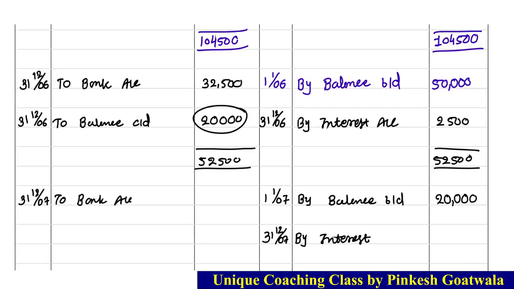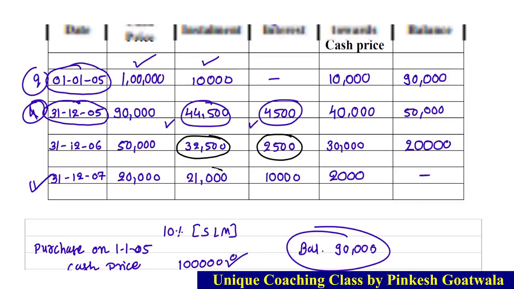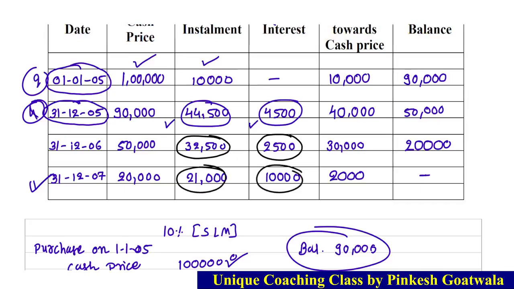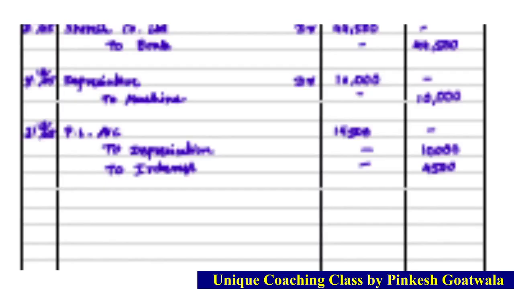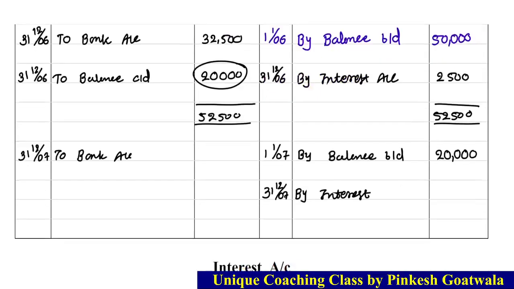Now just give effect to their account. Get the amount: 21,000 installment, and here 1,000 will come, 1,000 is interest. 21,000 installment and 1,000 interest. So total comes 21,000.